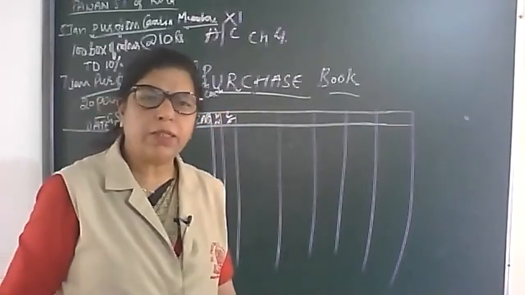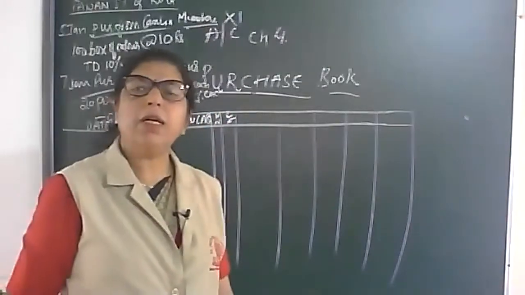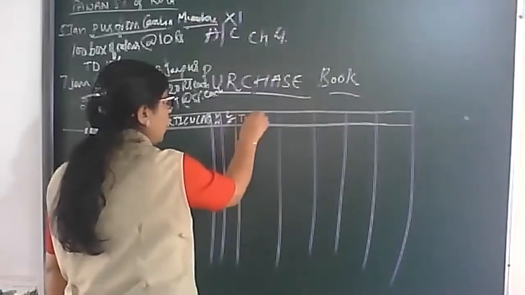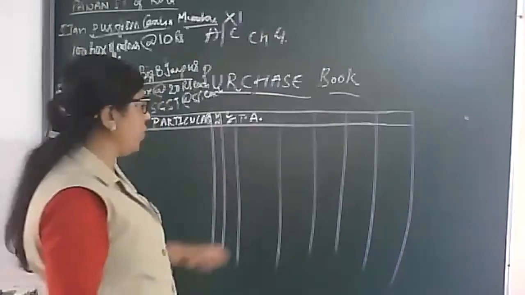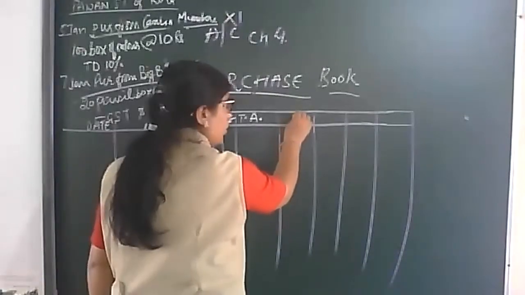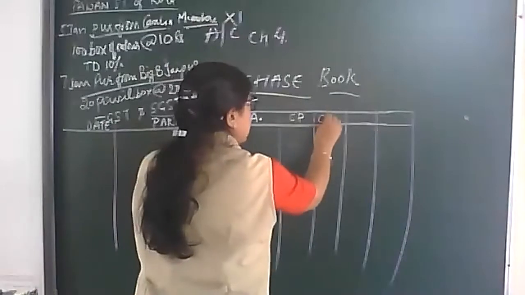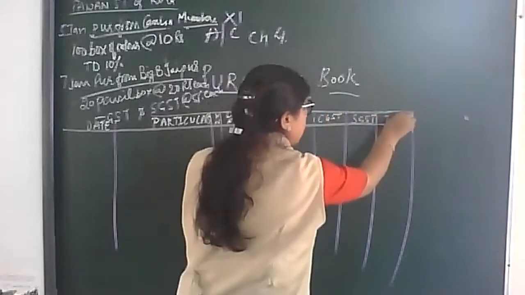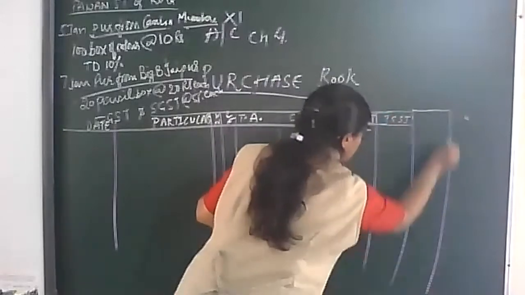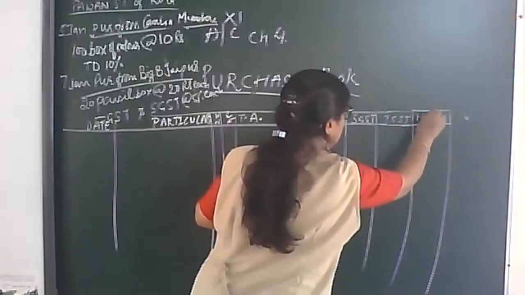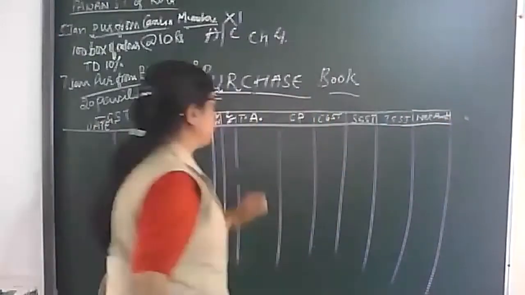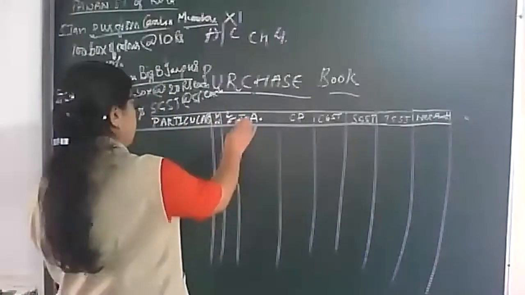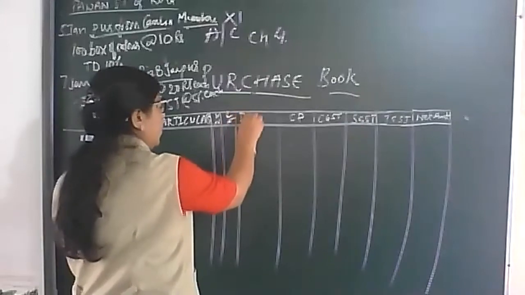In place of voucher number, that is bill number, receipt number, anything can be there. Then total amount or the amount for calculation. Then first of all, cost price, CGST, SGST, IGST, and the last column is for net amount. Or here we can write calculation or details.